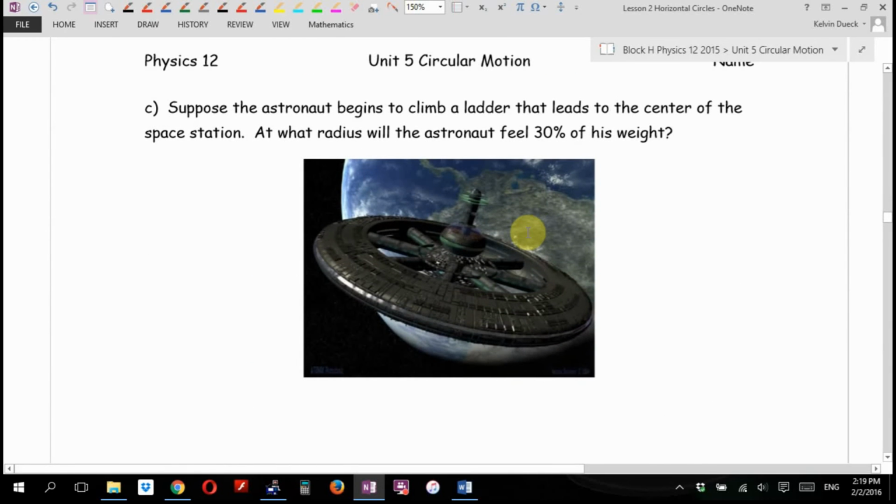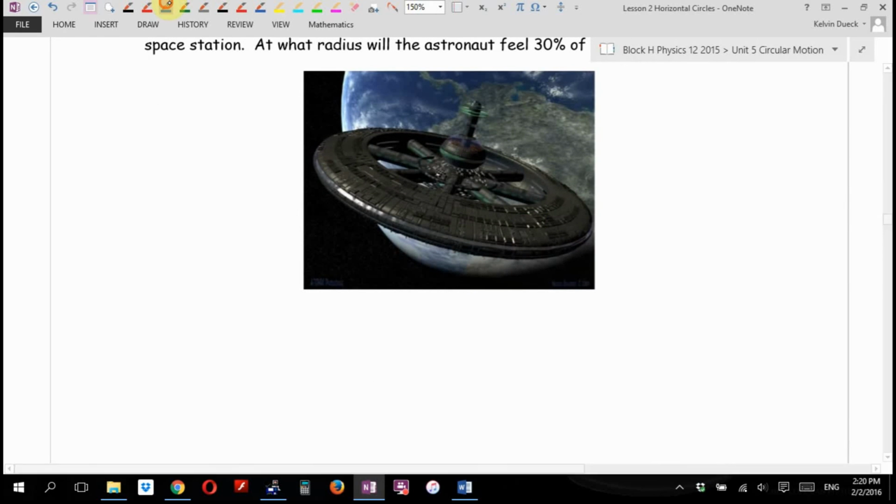Suppose an astronaut begins to climb a ladder. This goes back to your point, Clay. That leads to the center of the space station. As the radius gets smaller and smaller, he will feel lighter and lighter. At what radius will he feel 30% of his weight? Okay. Well, the fake gravity, normal force, is being caused by the fact that we're spinning in a circle.